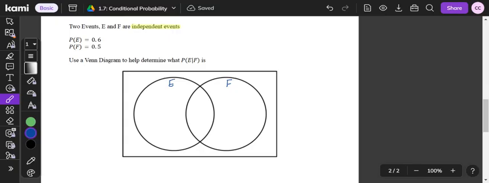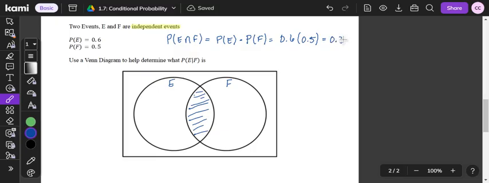Hopefully you remember from the last lesson that when you have independent events, this middle section is the probability of E and F, and this equals the probability of E times the probability of F. So I take 0.6 and multiply it by 0.5, and I get 0.3. So in this middle part of the circle, this is 0.3.